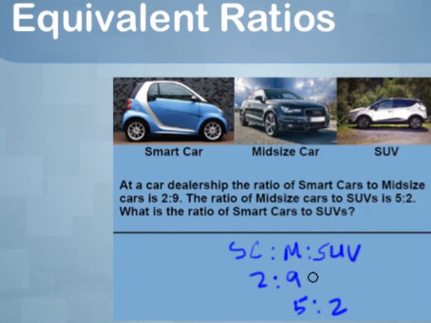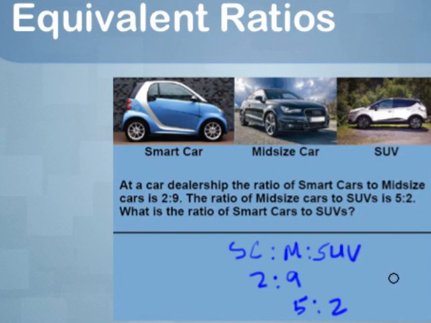So start by creating equivalent ratios to 2 to 9, and then equivalent ratios for 5 to 2. When you find equivalent ratios that have the same values for mid-size, then you have found the equivalent ratios to allow you to create the 3-item ratio. So generate a list of equivalent ratios for 2 to 9 and then for 5 to 2.